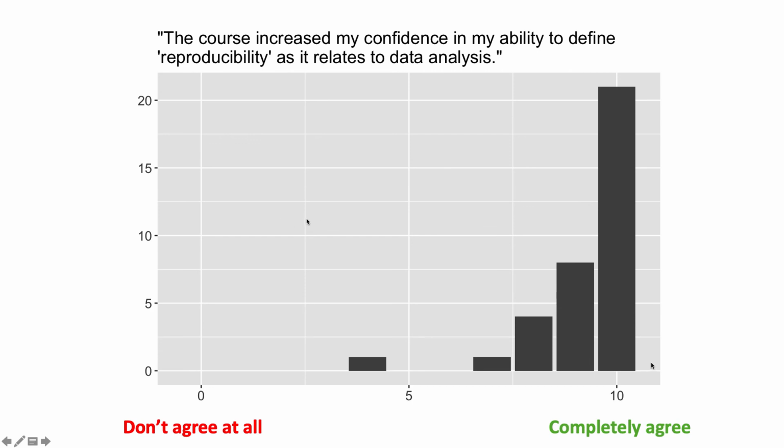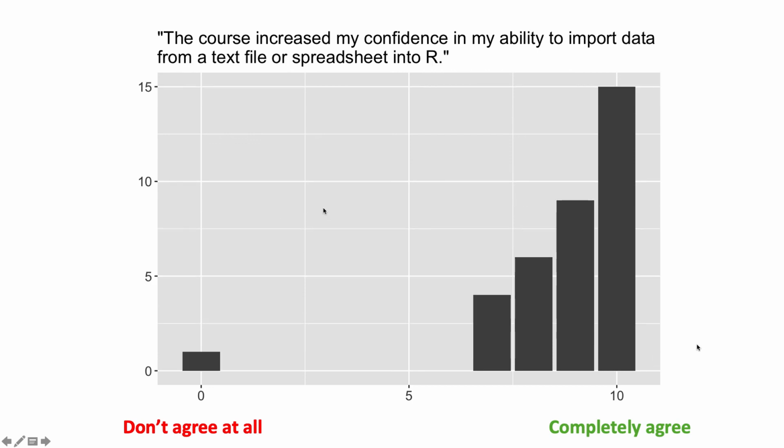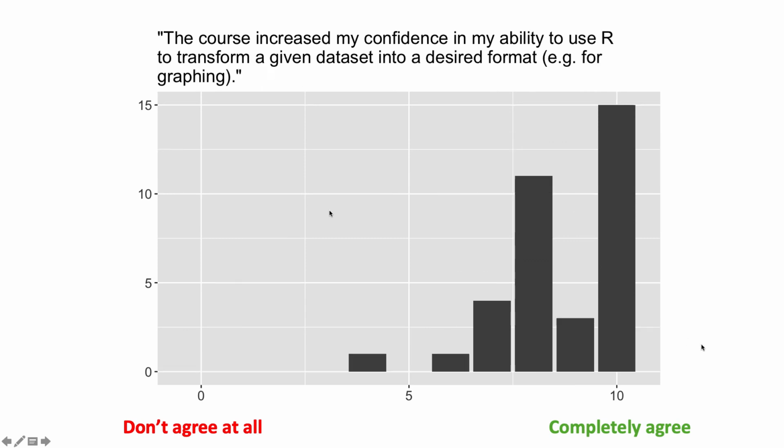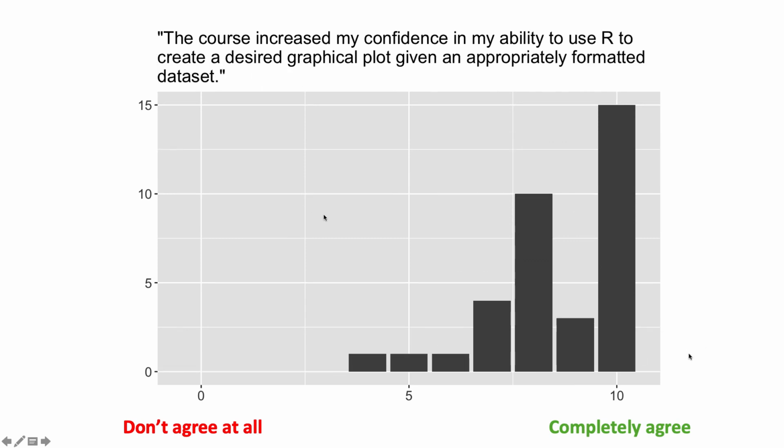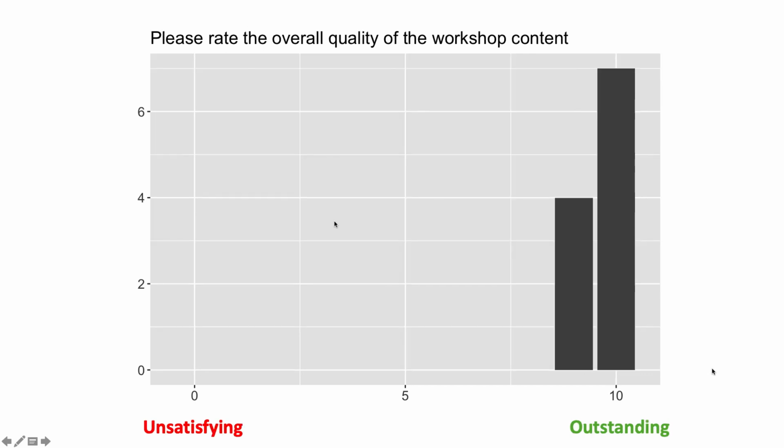People felt more confident in their grasp of the idea of reproducibility and their ability to load data into R, to transform data, and to create plots. On a scale where 0 is unsatisfying and 10 is outstanding, the workshop was rated an average of 9.6.